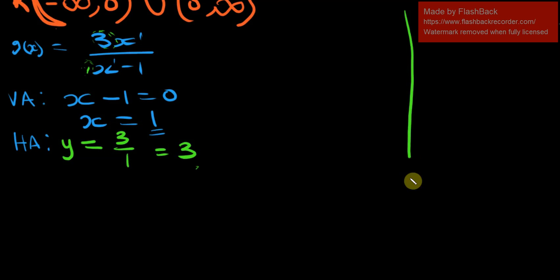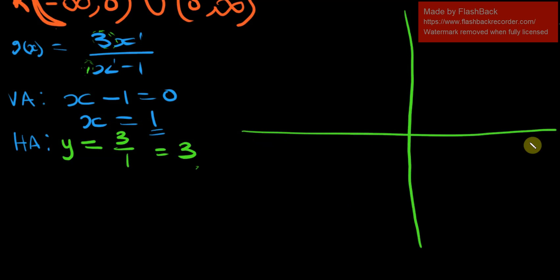Just have our Cartesian plane drawn already. Then let's look at the x-intercept. The x-intercept is found by equating the entire equation to 0, when y is 0, find x.